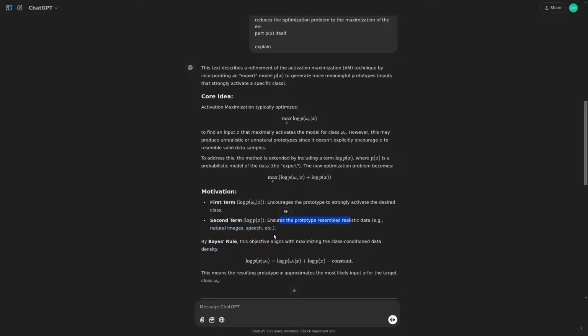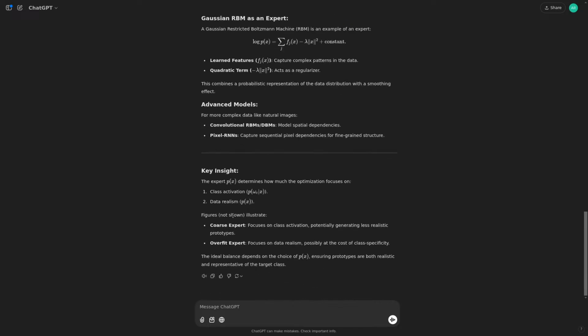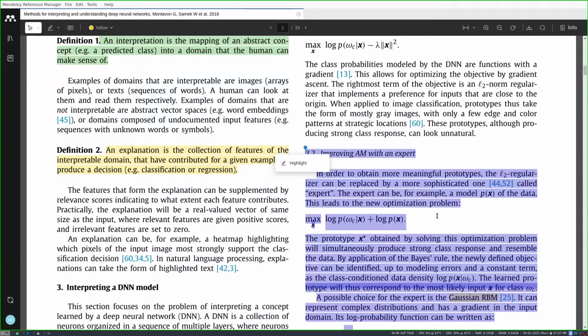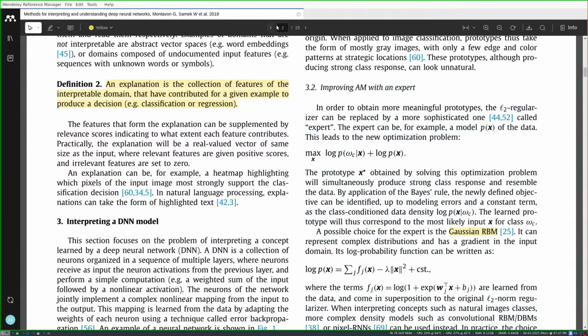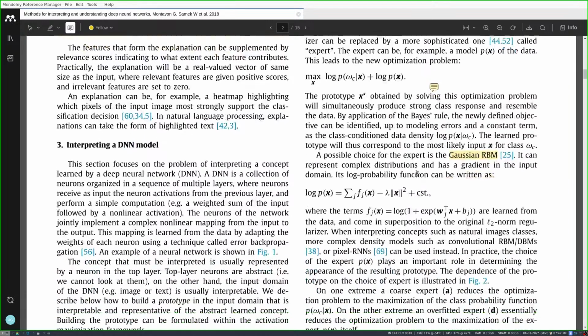And ensure, okay. So let's go here. Yeah, it's fine.